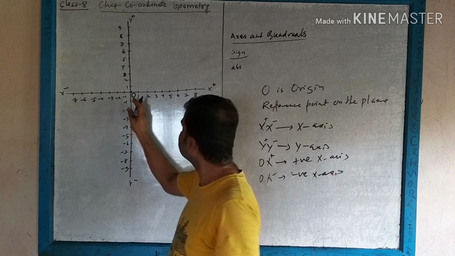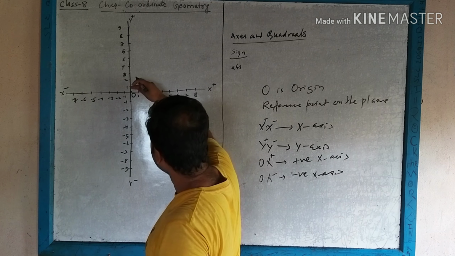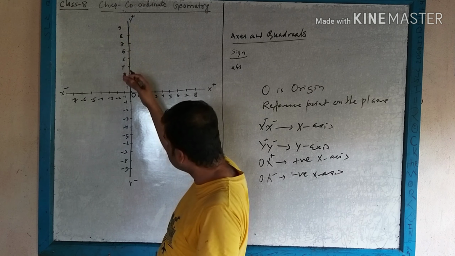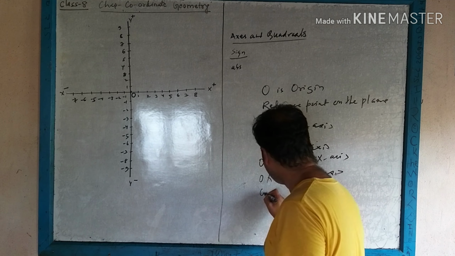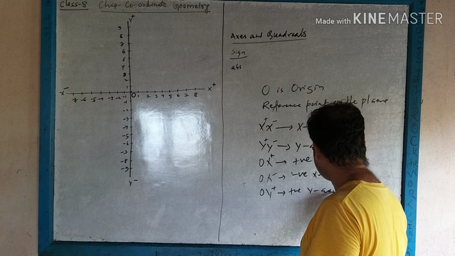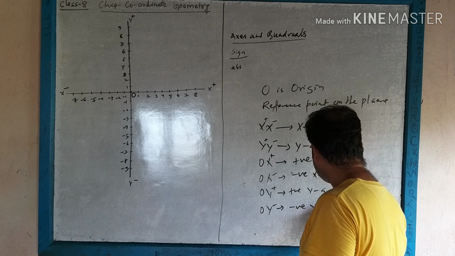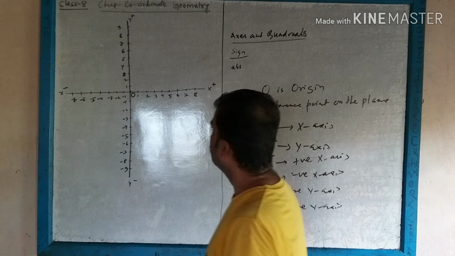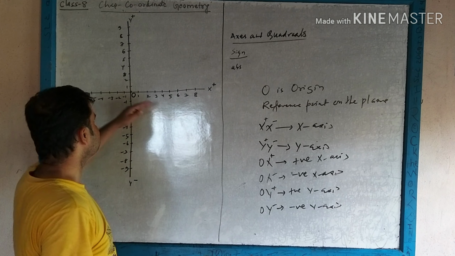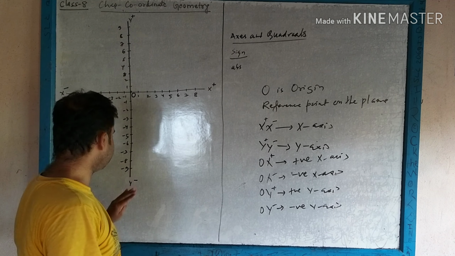Similarly, OY plus is positive y-axis and OY minus is negative y-axis. Positive x-axis, negative x-axis, positive y-axis, negative y-axis.